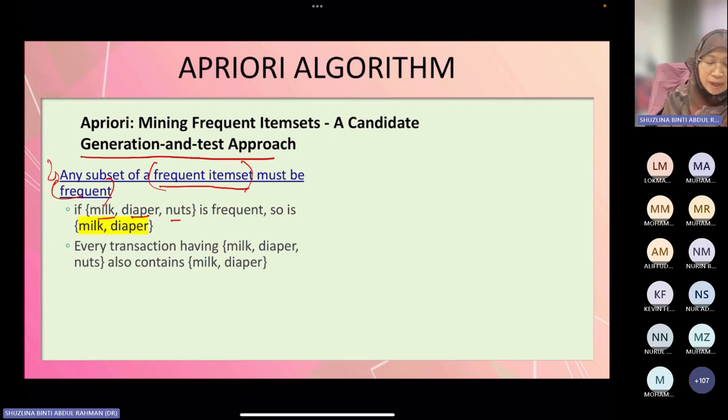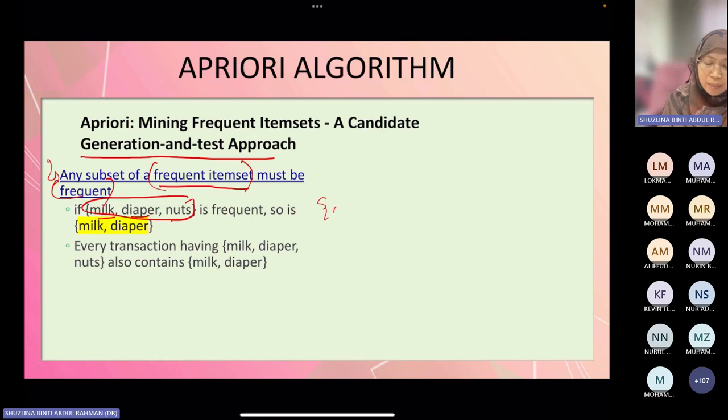So if I have milk, diapers, and nuts as frequent, the subsets that we generate from this set should be frequent as well. In other words, every transaction having milk, diaper, and nuts also contains milk and diaper.